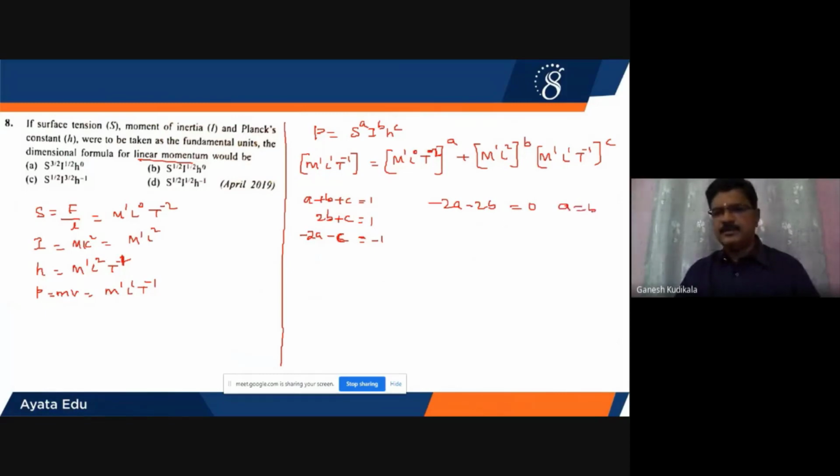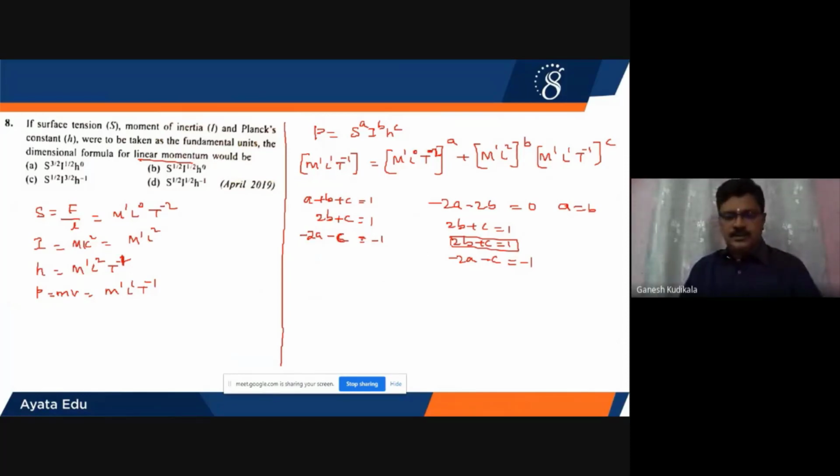Which means A is equal to B. If A is equal to B, here also I'll put B now, A also will be replaced by B. Therefore, 2B plus C is equal to 1, and 2B plus C also will be equal to 1, which is of no use, and minus 2A minus C will be equal to minus 1. So even if I add these two equations also, it is once again arriving at the same conclusion.